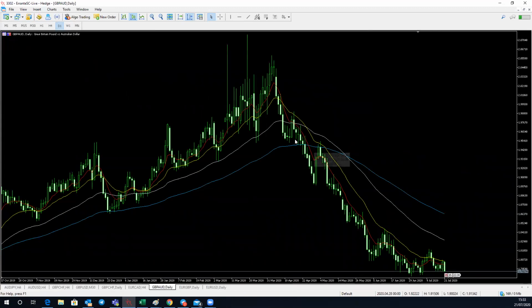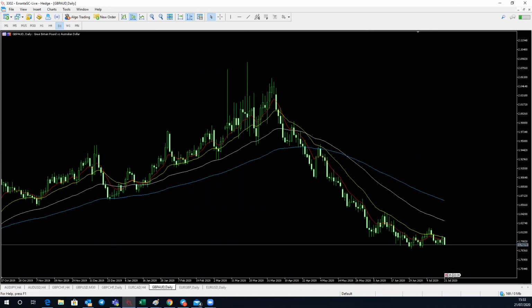All right, let's look at GBP AUD. What's going on there? Let me also check with some heat maps that I have here. Okay, so you're looking at GBP AUD. Give me a second.